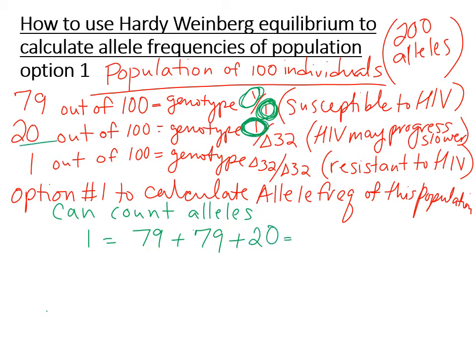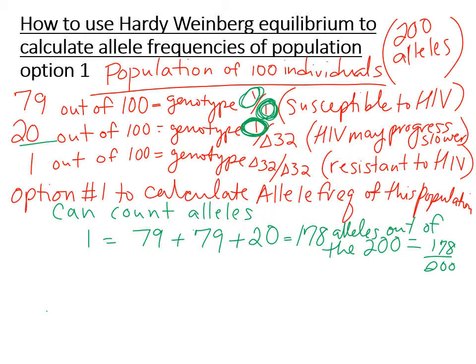That gives us 178 alleles that are number 1, out of the 200 possible alleles. So 178 out of 200, which is equal to 0.89 or 89%.